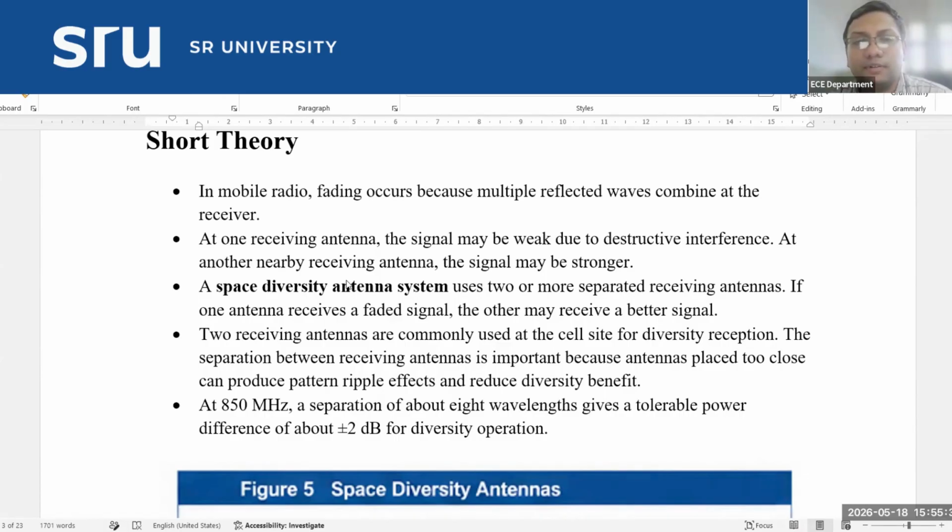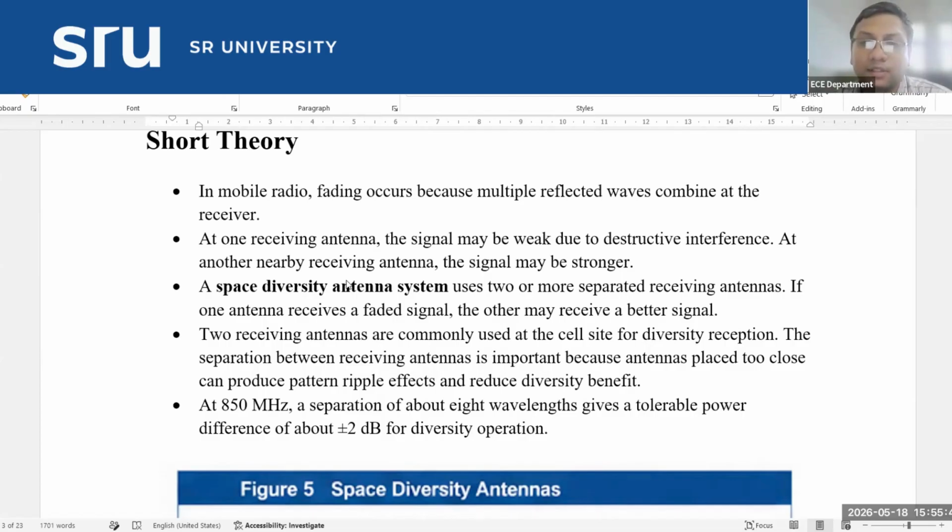So if my mobile device uses only one antenna, the signal may be weak. When it's weak, the communication will get hampered.